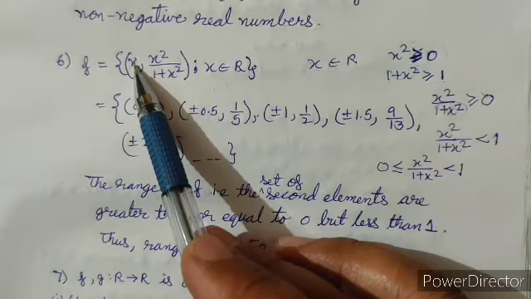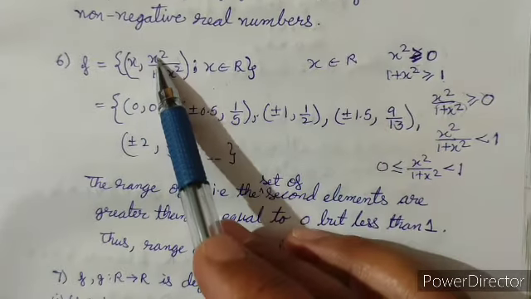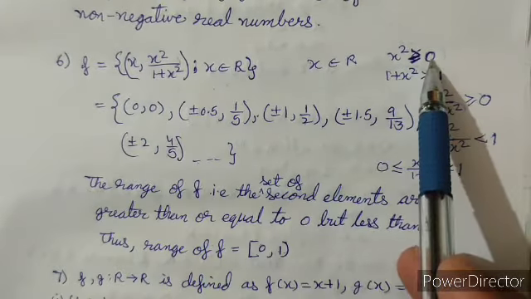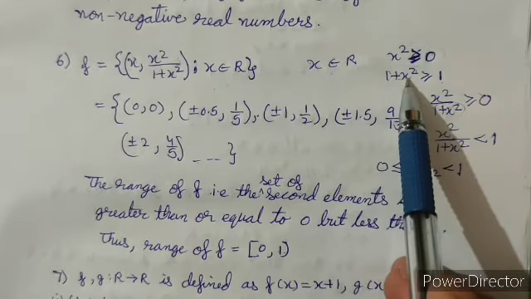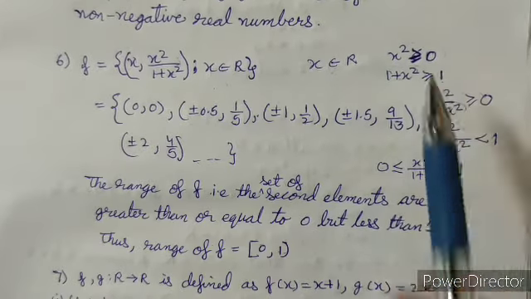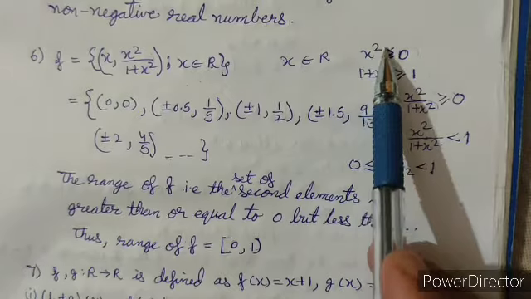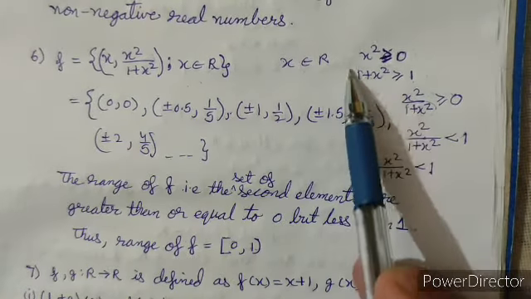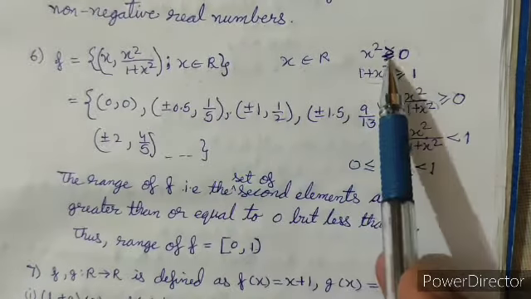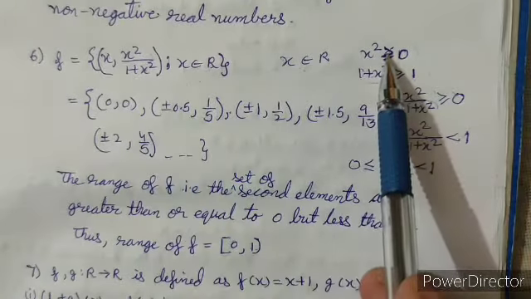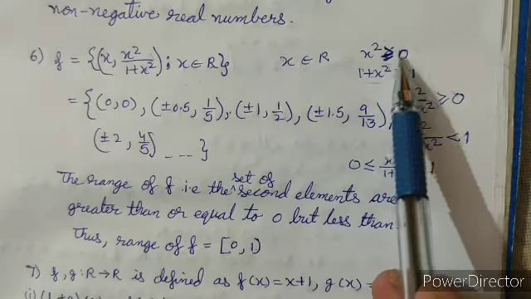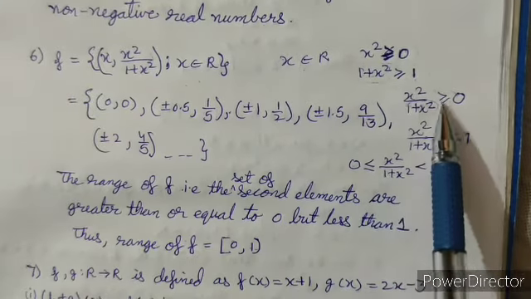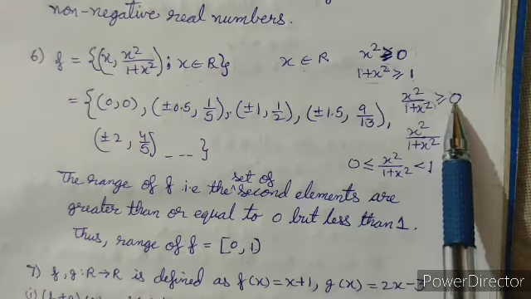Now here x belongs to real numbers, so x square will be greater than or equal to 0 and 1 plus x square will be greater than or equal to 1. Now from these two we can say that x square upon 1 plus x square, that was our range or image, will be greater than or equal to 0 upon 1, or greater than or equal to 0.